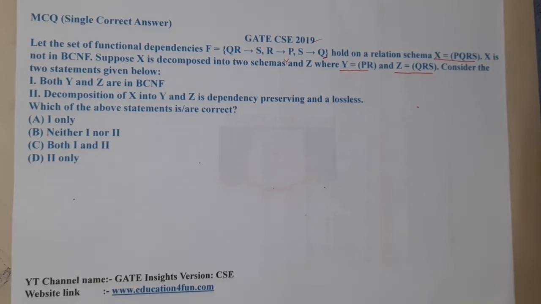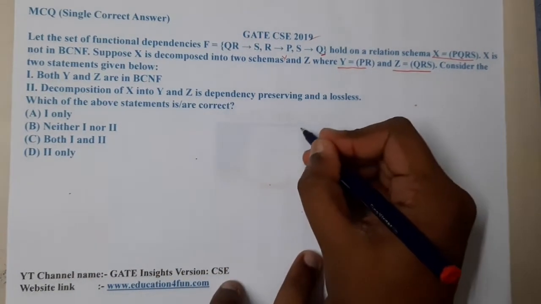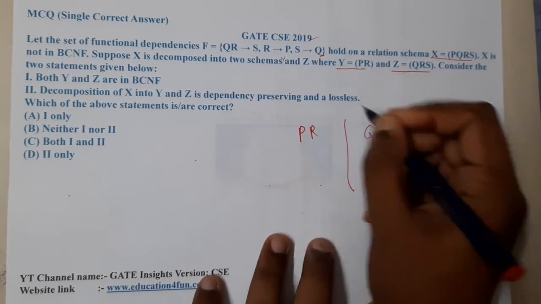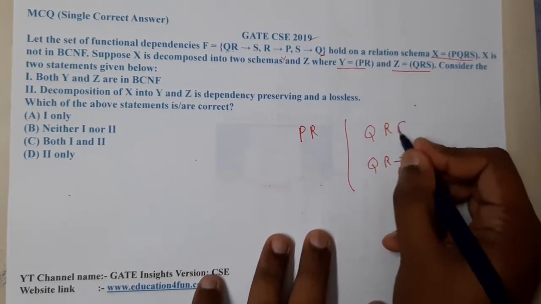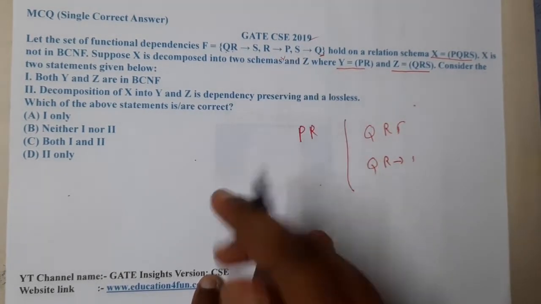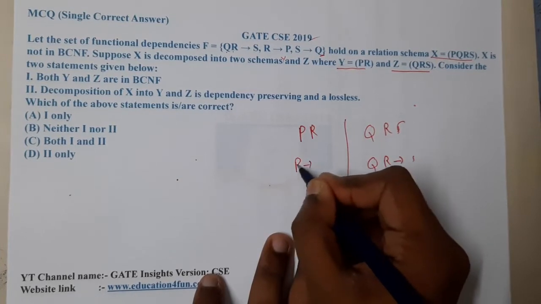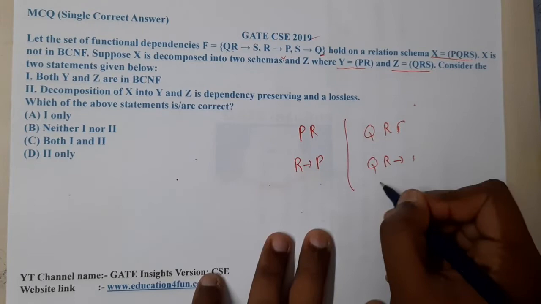I think for this particular question we need to work some things out. Here we divided the whole table into PR and QRS. Let us take the first dependency, QR implies S, so that belongs to the QRS part. R implies P belongs to the PR part, and this dependency, S implies Q, will come to the QRS part as well.